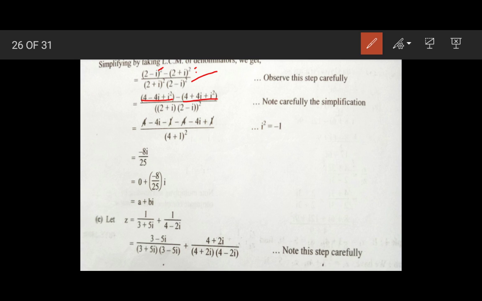Now in the denominator we take the square common, so it will be 2 plus i into 2 minus i whole square. Then by putting i square as minus 1, we get 4 minus 4i minus 1 minus 4, then minus 4i, plus 1.